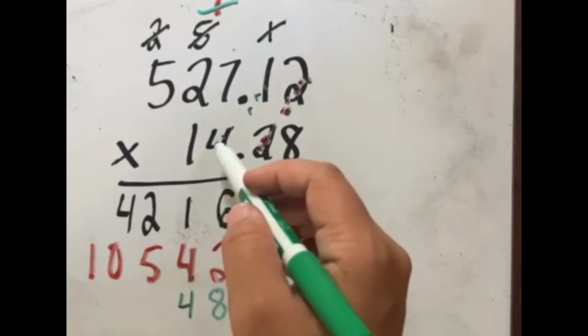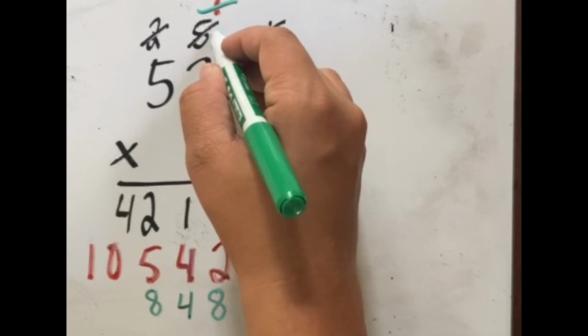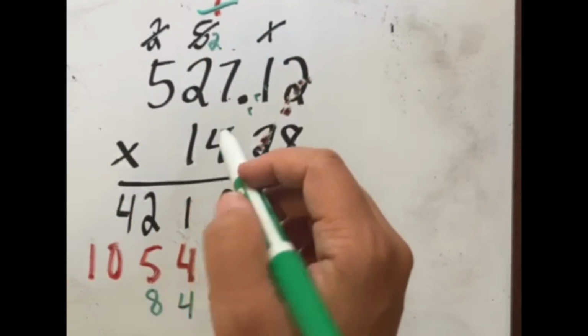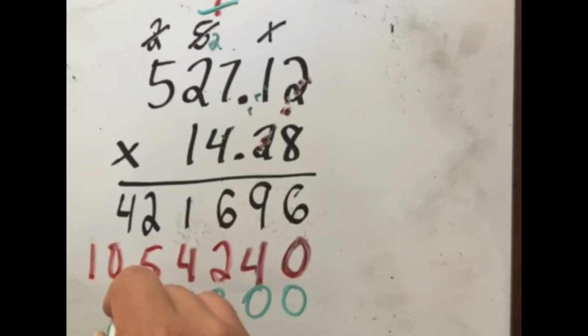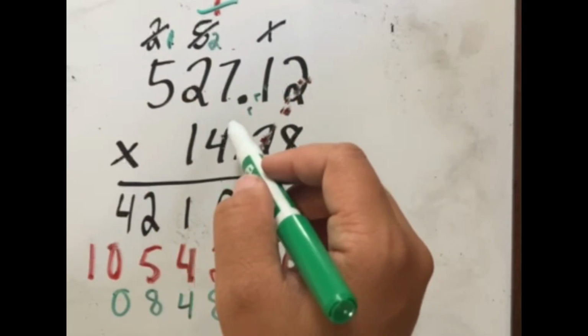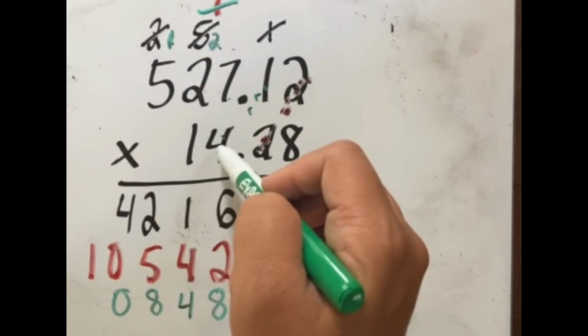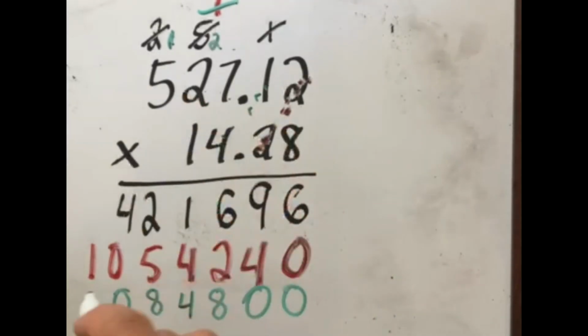Then we'll have 4 times 7 is 28. Put the 8, carry the 2. And now we're going to have 4 times 2 is 8, plus 2 is going to give us 10, carry the 1. And we're going to have 5 times 4 is going to be 20, plus 1 will give us 21.